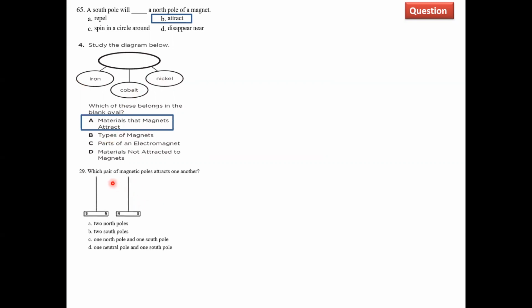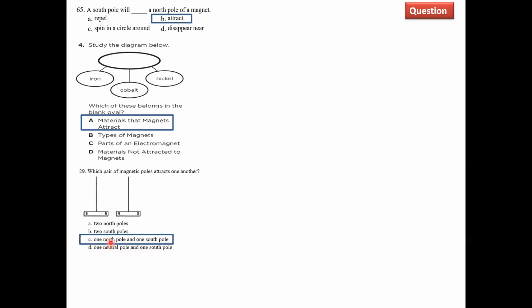Which pair of magnet poles attract one another? Two north poles, two south poles, one north pole and one south pole, or one neutral pole and one south pole?